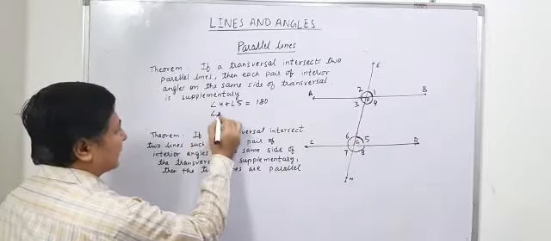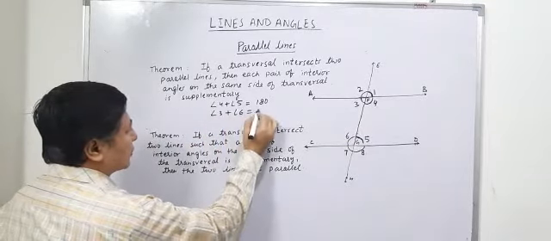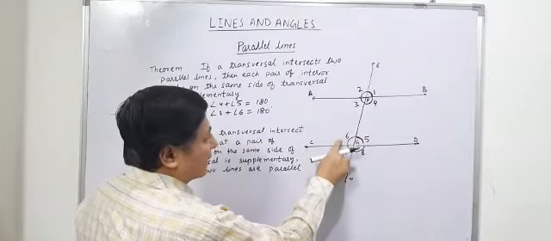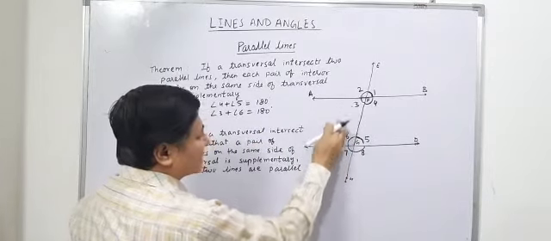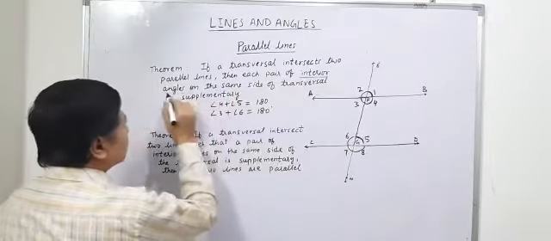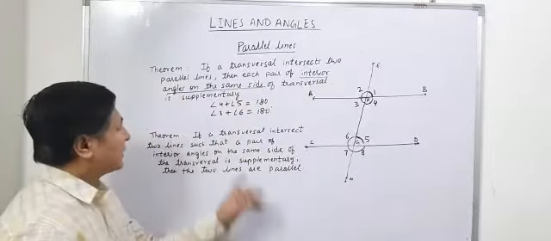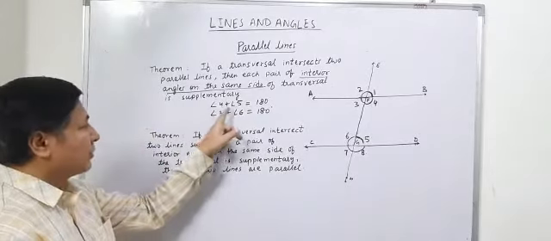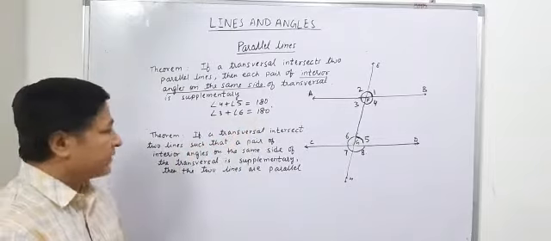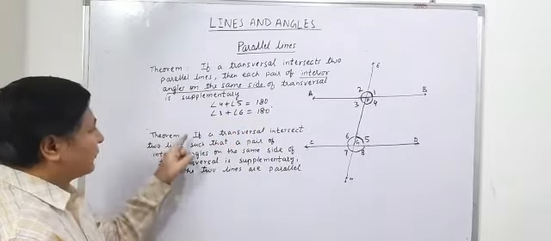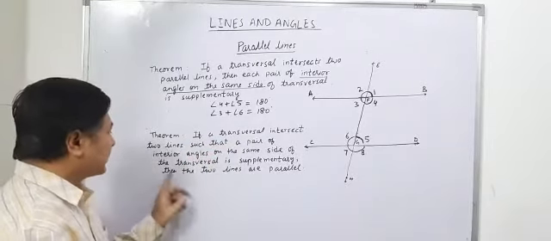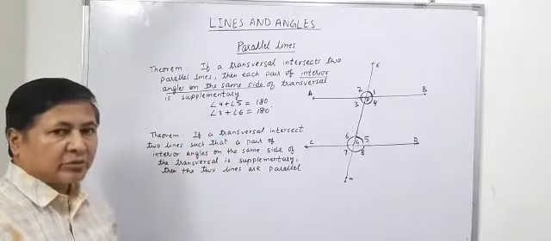And angle 3 and angle 6 are also on the same side of the transversal as well as interior angles. So each pair of interior angles on the same side of the transversal is supplementary, that is, angle 4 plus angle 5 is 180 degrees and angle 3 plus angle 6 is 180 degrees. Now this theorem: if a transversal intersects two lines such that a pair of interior angles on the same side of the transversal is supplementary, then the two lines are parallel.